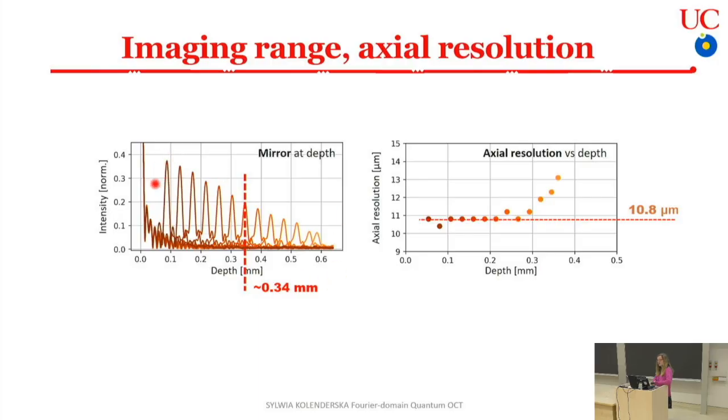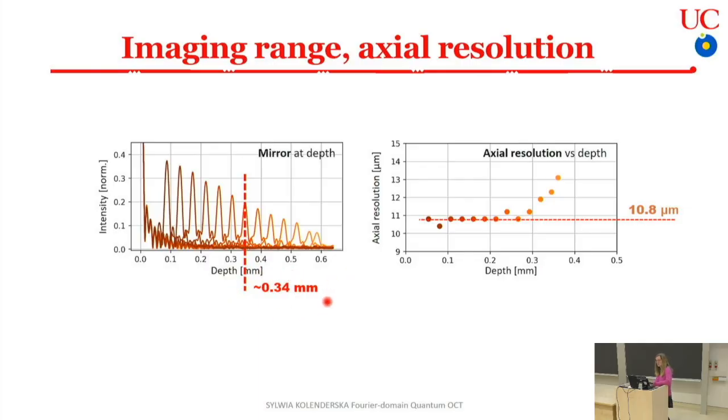And when we plot these A-scans, we can estimate the imaging range, so the maximum depth that we are able to visualize with quantum OCT, and also how the axial resolution changes with depth. So here you can see that we have this sensitivity drop, and the imaging range that is defined as a 6 dB drop is at 0.34. This is the definition of the practical imaging range.